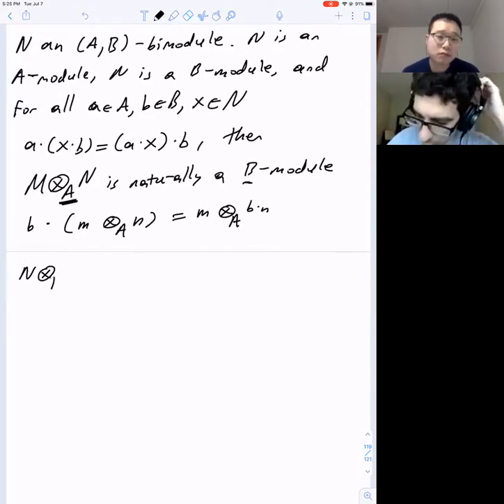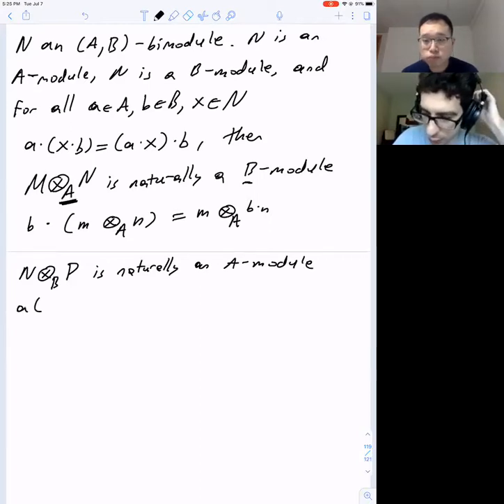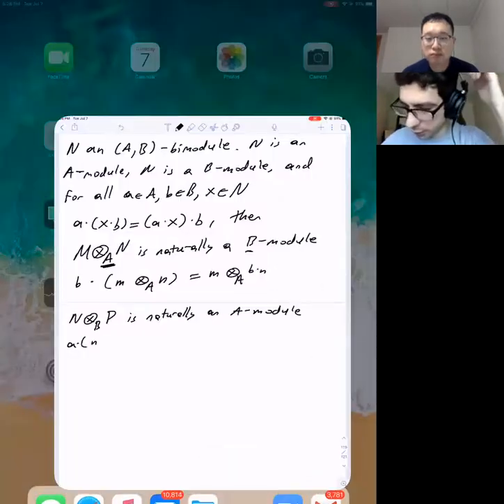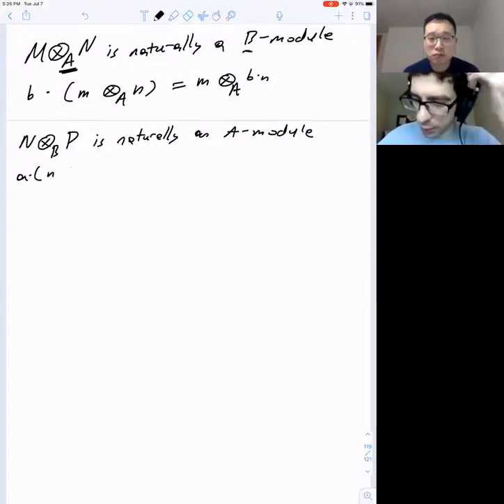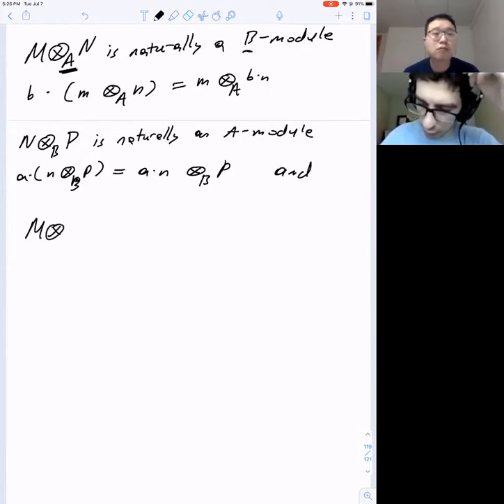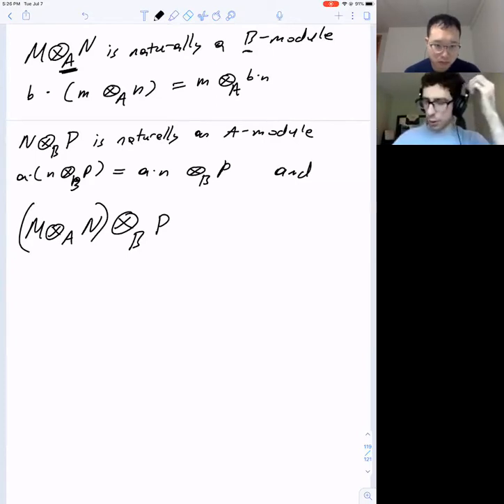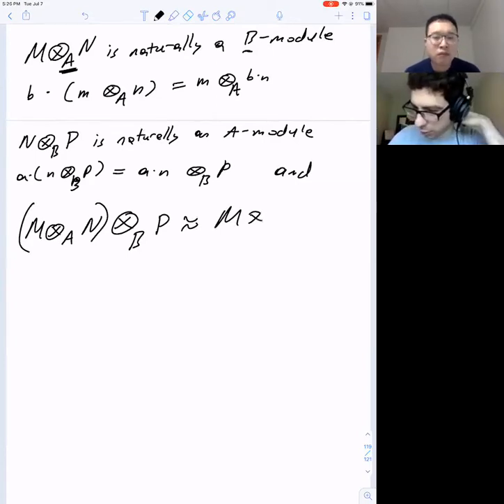We have that N tensor P is naturally an A-module, and all of this is compatible, by saying that this module is isomorphic to this module.